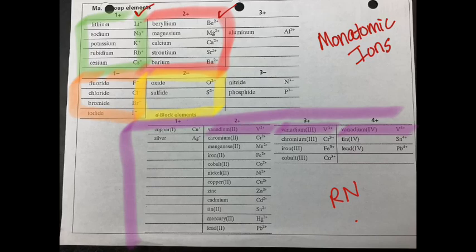The Roman numerals indicate the charge. So if it's Roman numeral 2, it will have a 2+ charge. Roman numeral 4 will have a 4+ charge. Any of them with Roman numerals means that element has more than one possible charge.